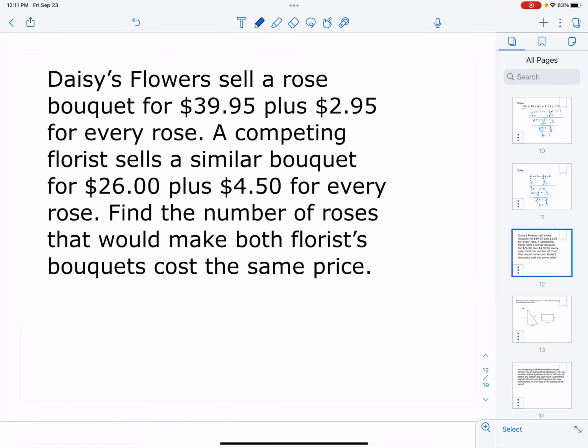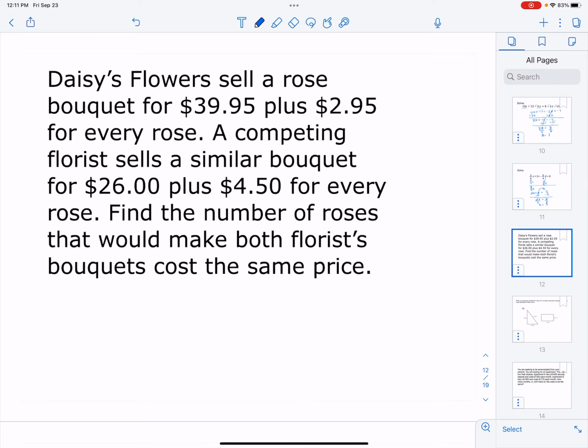Now, what if we have a word problem? In a word problem, what I'm expecting you to do is write an equation and then solve it. In this particular one, we're just going to write the equation and then simplify it down as best we need to. But we're not going to take the time to solve the problem. We'll do that in class. So in this one here, it says Daisy's Flowers sell a rose bouquet for $39.95 plus $2.95 for every rose.